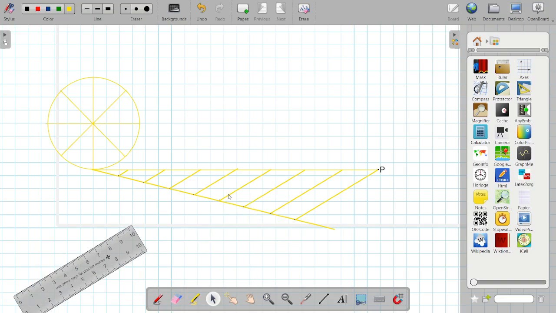So this way we have divided the entire circumference into 8 equal parts.